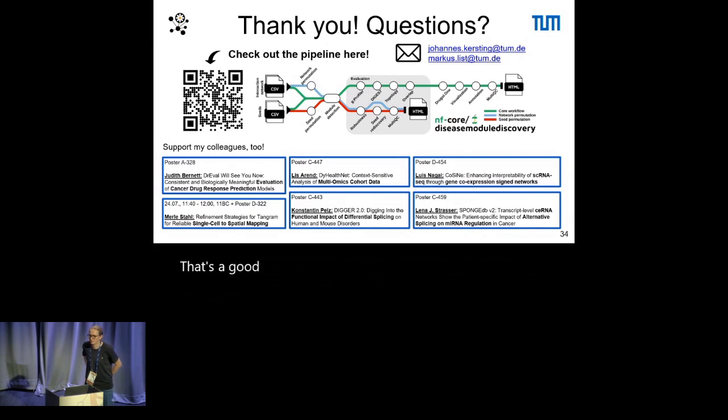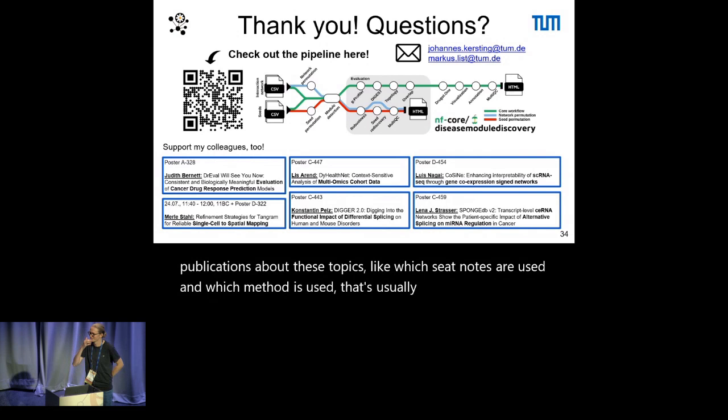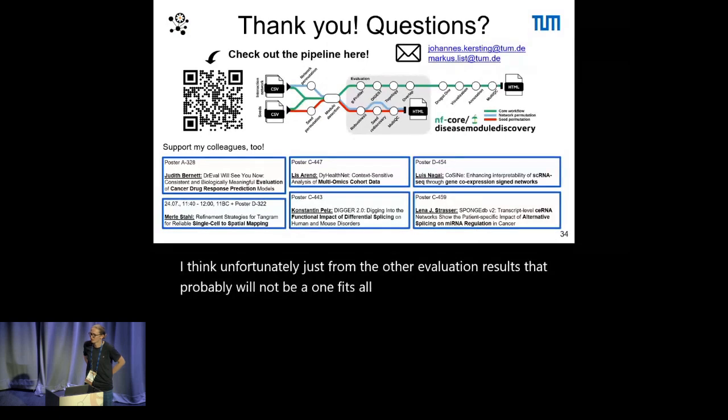That's a good question, mainly because if you have publications about these topics, which seed nodes are used and which method is used is usually highly explained and discussed, but the network choice often isn't. Unfortunately, from the other evaluation results, there will probably not be a one-fits-all solution, because different methods seem to perform better with smaller or bigger networks.